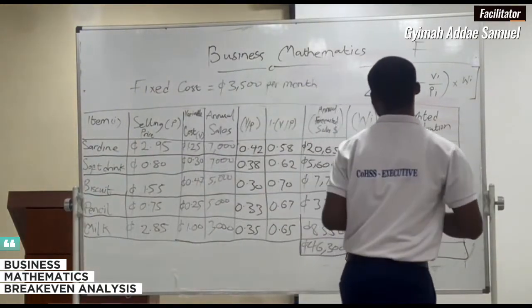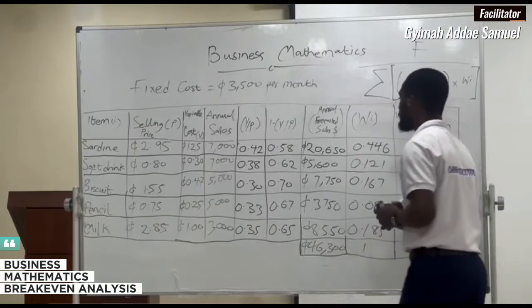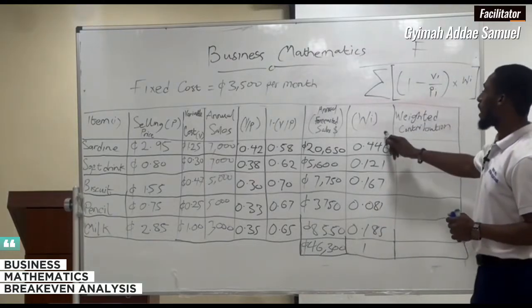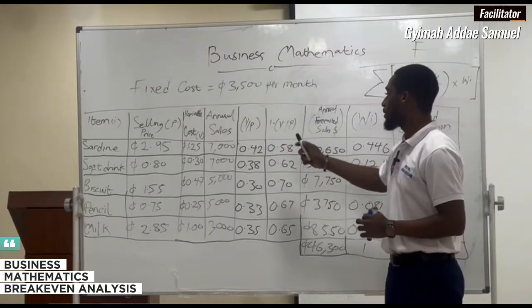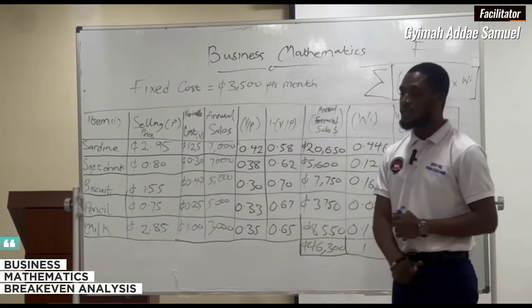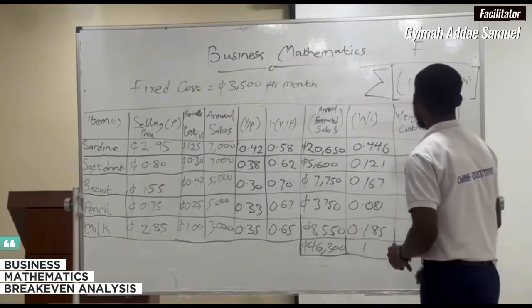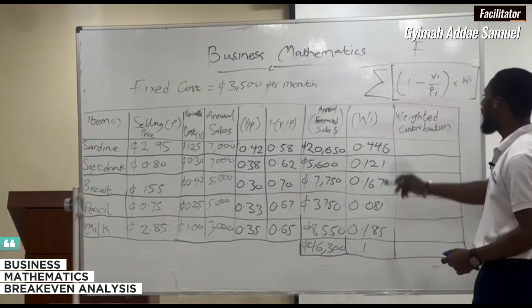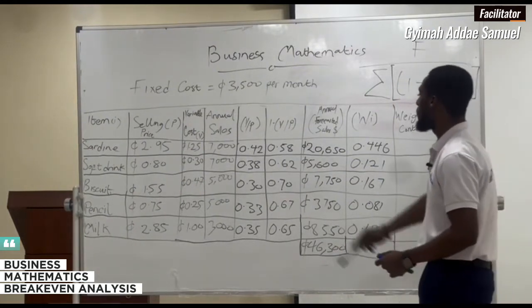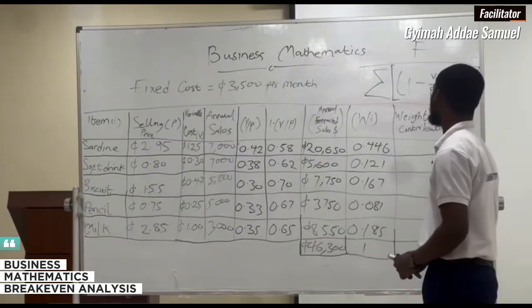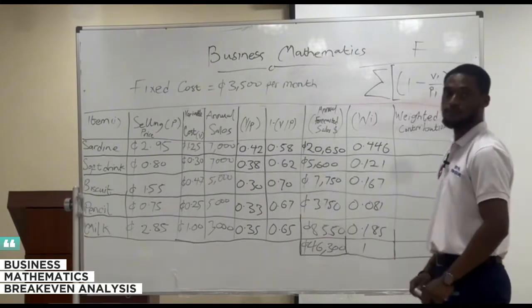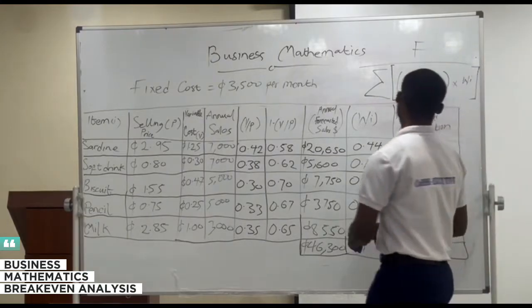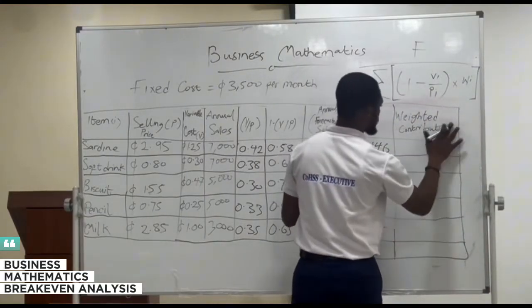Before we go ahead to find our weighted contribution, we have our WI and we have our 1 minus V divided by P. So we will multiply this by this. To make it simple for us, I'll state it under here.